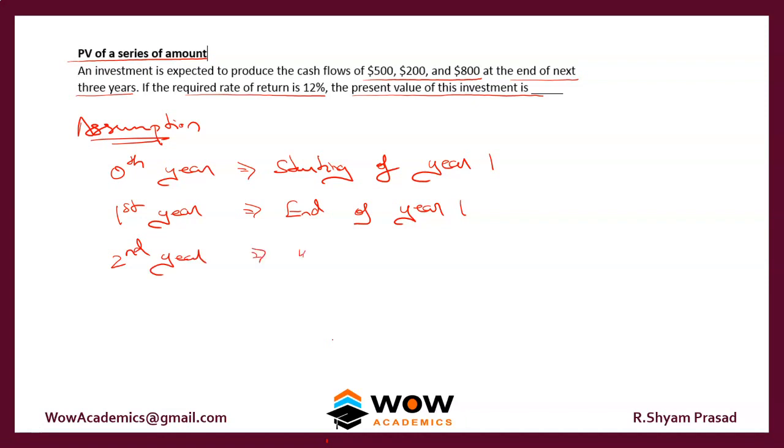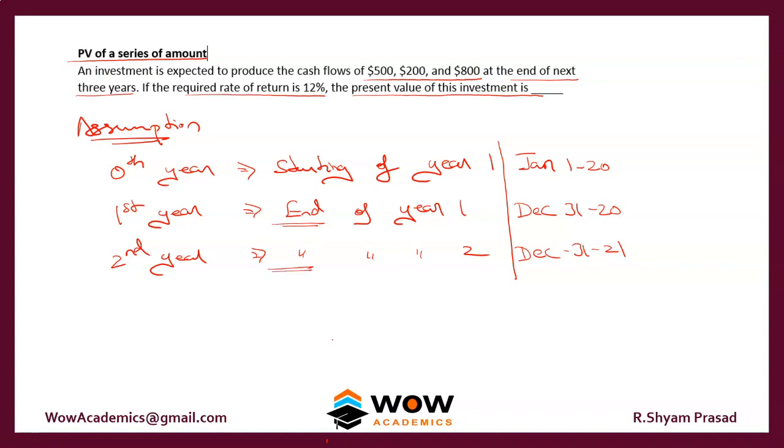Second year is nothing but the end of year 2. So if you assume this to be January 1st of year 20, this is going to be December 31st of year 20, and this is going to be December 31st of year 21. That's how it keeps on rolling. So if they say first year, it is always the first year end. If you say second year, it is always the second year end.